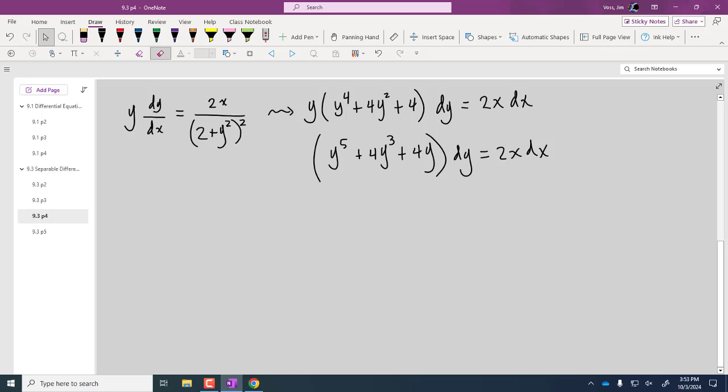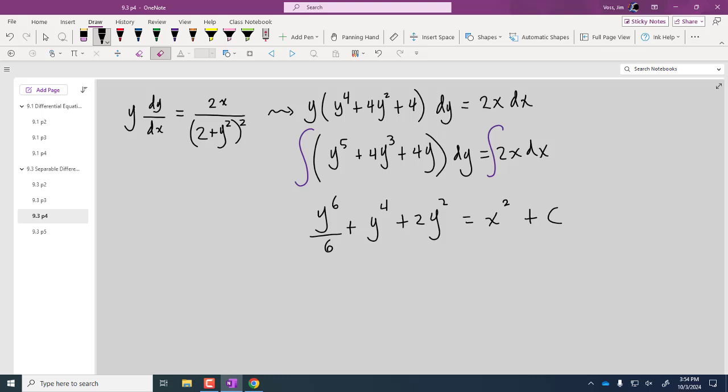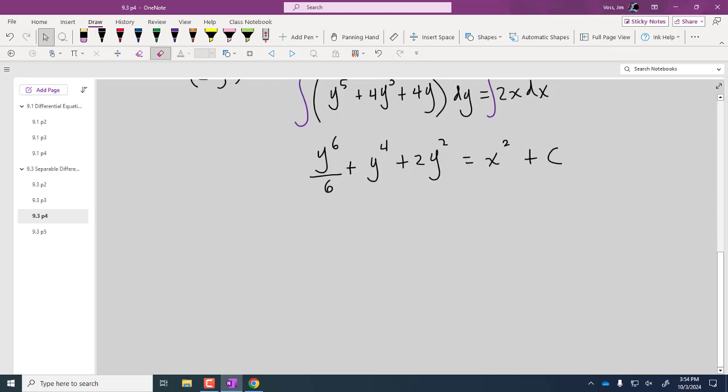All right, so at this point, once it's all separated, this is where we introduce the integration on both sides. Pretty straightforward integral because we just use the power rule. So that is general, it's implicit, but usually we want to get rid of any fractions if it's easy.